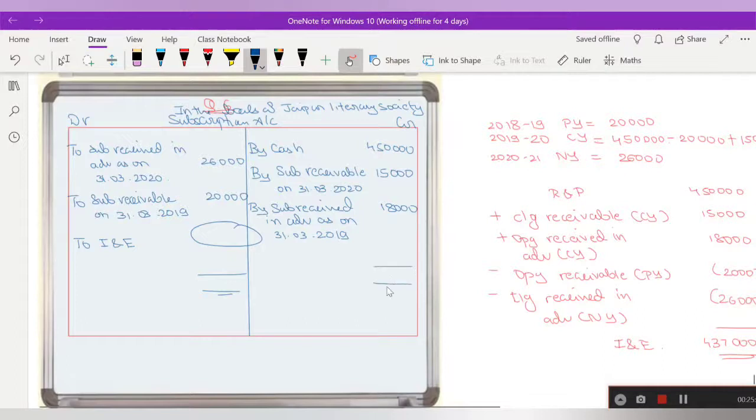We will total it up. 4,50,000 plus 15 plus 18, it comes to 4,83,000. Then minus what? 20,000 and 26,000, it comes to 4,37,000. That will be transferred to your income and expenditure account.